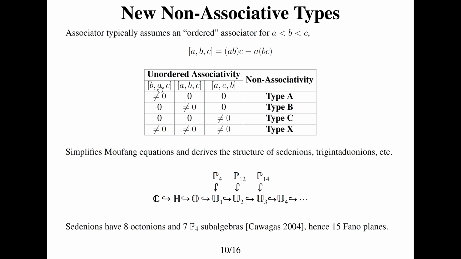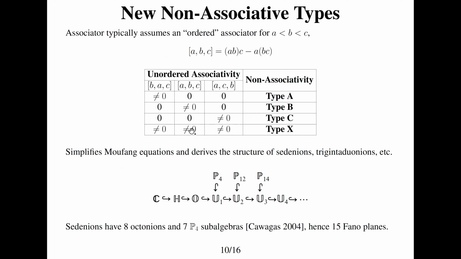But if you change the order, you find you can get non-associative. So let's go back. The octonions are type X. It doesn't matter what the order is, it's anti-associative, alternative associative, and so they're all zeros. But if you swap the order of the others, then they can go from non-associative to associative, depending upon the order of the terms. You can prove that there are only 3 cases, one of these being 0, and the other 2 being non-zero in all cases. So that's your 4 non-associativity types.